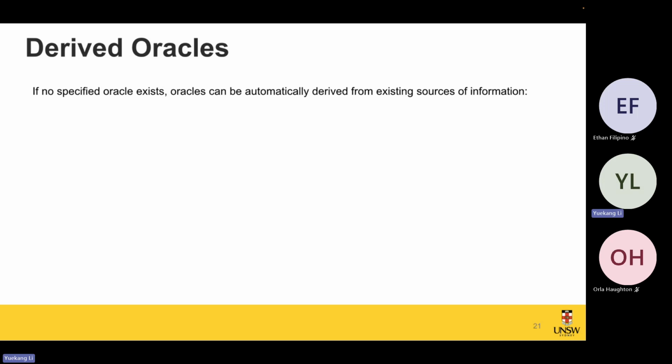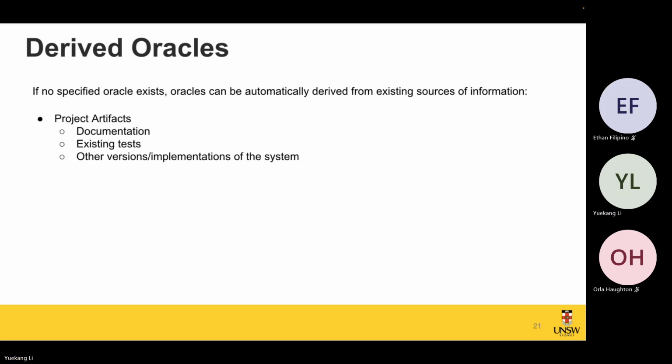We have several approaches for deriving test oracles. We can derive test oracles based on the existing sources of information. And most of the time, the existing source of information is just the program we have, right? The program we are trying to test.